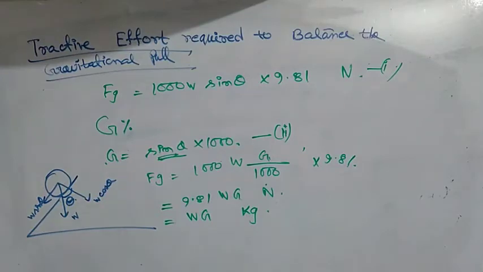Now, the location of the gradient has an important effect on the overloading that can be permitted on the traction motors. For instance, if a short pulling ruling gradient happens to be after a down gradient, it does not create any problem as the momentum of the train takes it up the steep gradient.